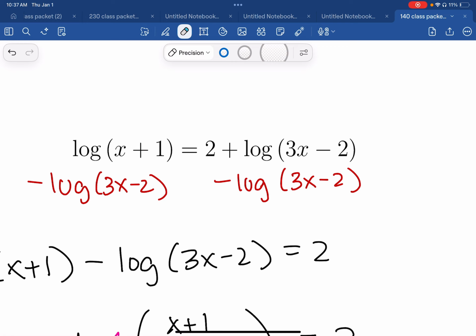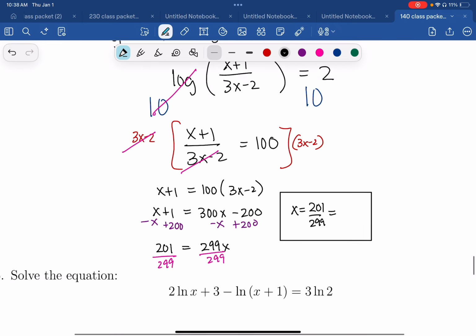If you plug it in there, that's going to give you something a little less than 1 plus 1 is definitely a positive number, and the log of a positive works. Over here with the 3x minus 2, if you take that number times 3 and subtract 2, you actually get 2.01. And that minus 2 is also something that's positive, so it does work. Okay, so we can keep that as our answer.